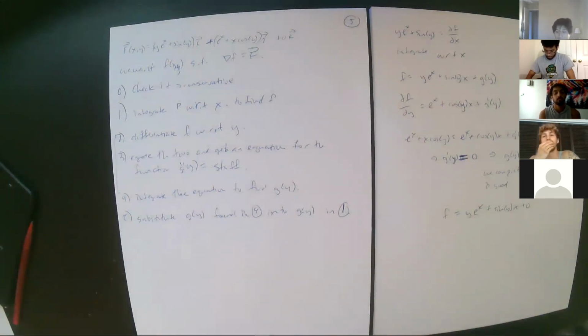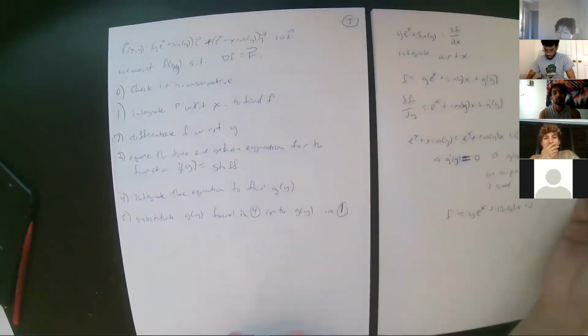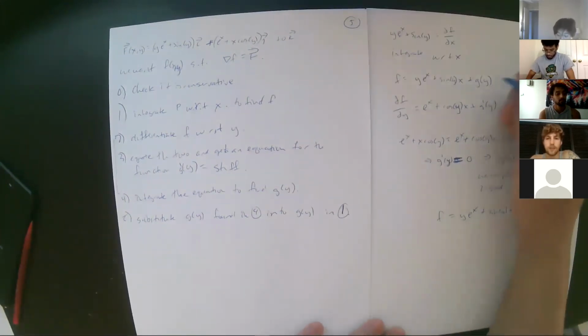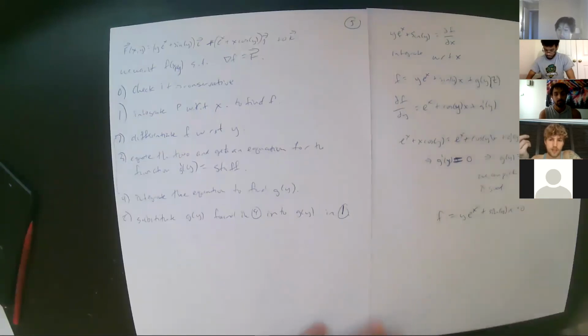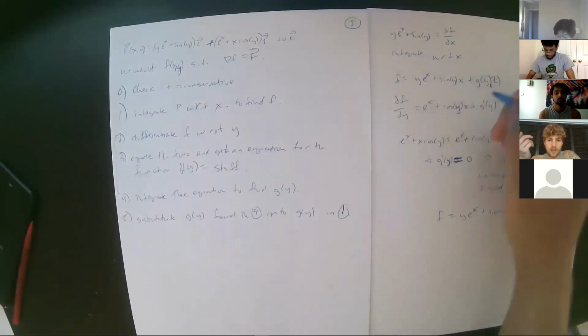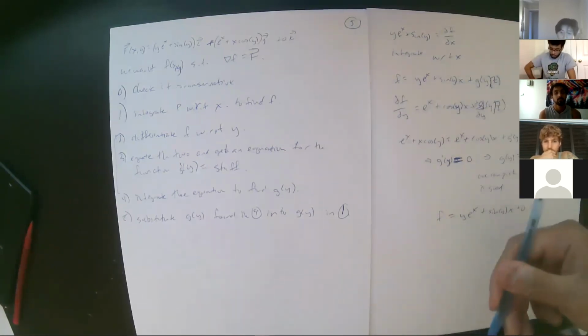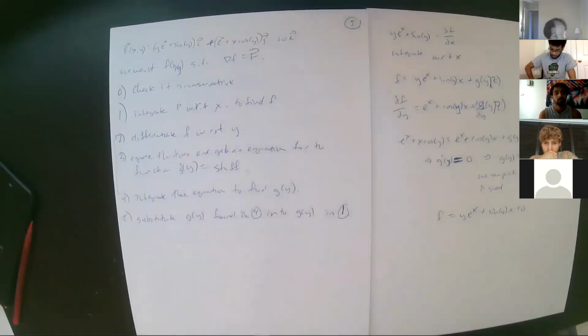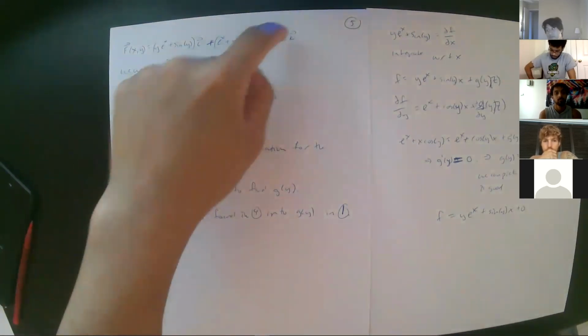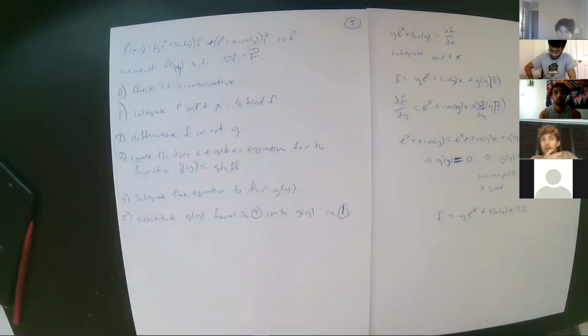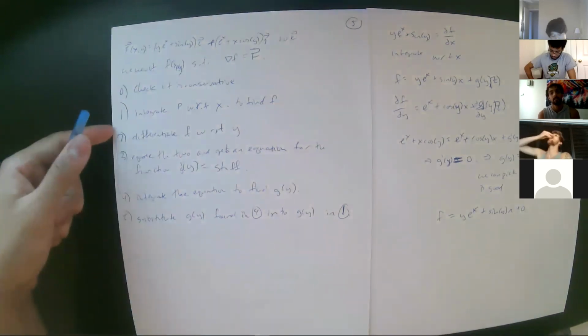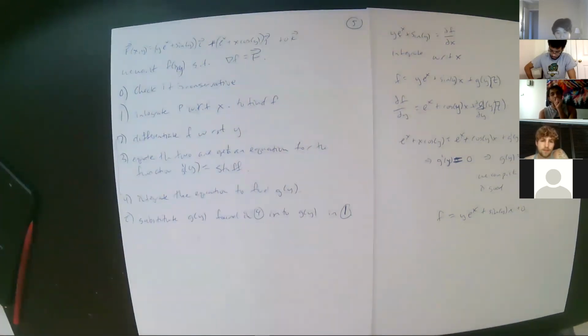Then g wouldn't be g of y, it'd be g of y and z, and instead of the derivative of g, it's the partial of g with respect to y. This is z here, and so on. We follow this through and do it again for this part of the function. So remember, if we have more variables, we're doing steps 2 through 4 again for each extra variable we have.